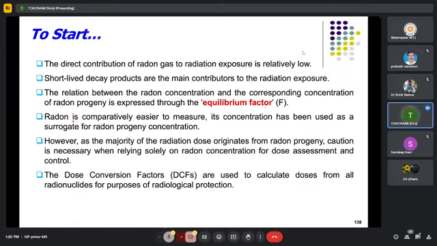Radon is comparably easier to measure. Its concentration has been used as a surrogate for radon progeny concentration.